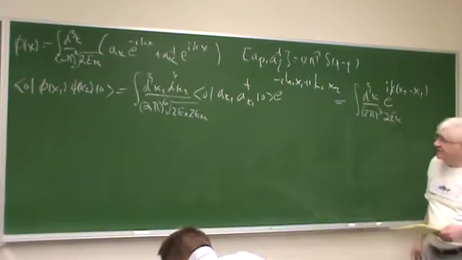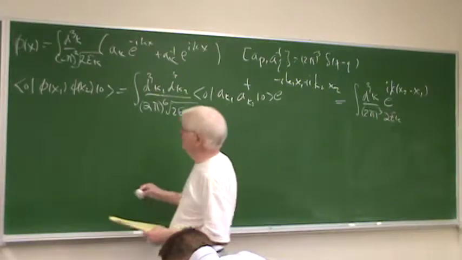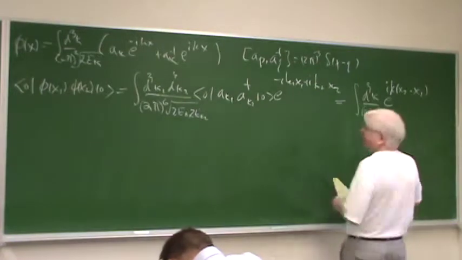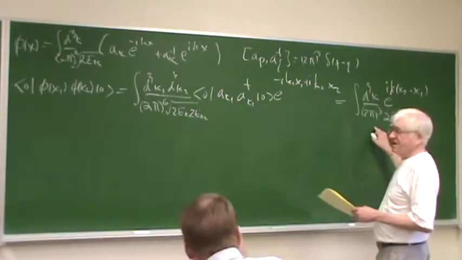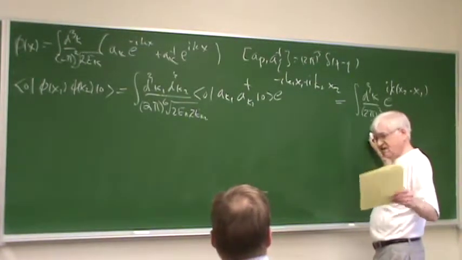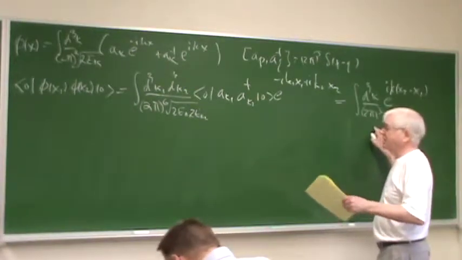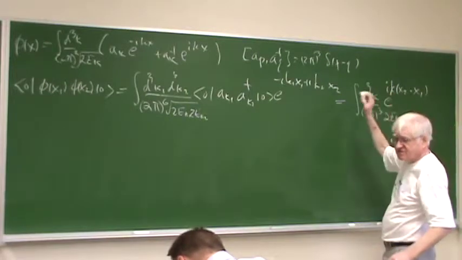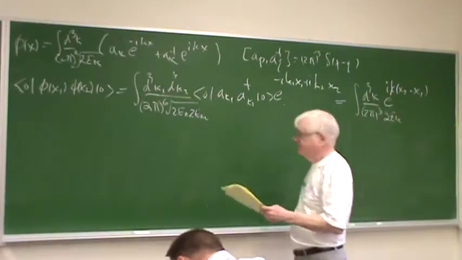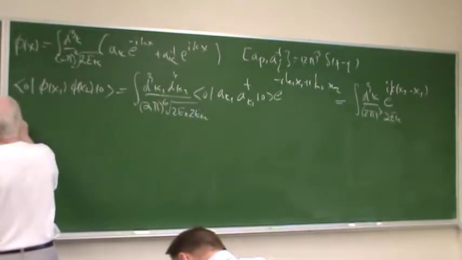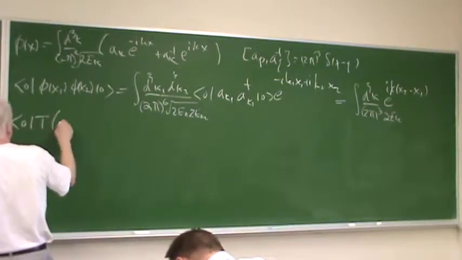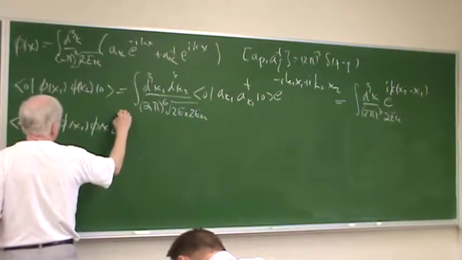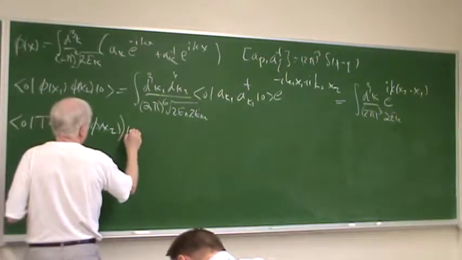So, what about the time-ordered product? Well, the time-ordered product would be this times theta of t1 minus t2 plus this with x1 and x2 interchanged times theta of t2 minus t1. So in other words, vacuum, time-ordered product phi of x1, phi of x2, vacuum.